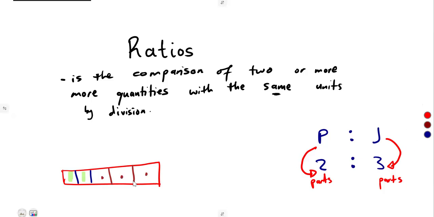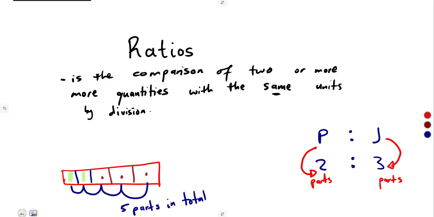There are 3 parts. So together, how many parts are we having? This is going to be 1, 2, 3, 4, 5. So they have 5 parts in what? In a total.